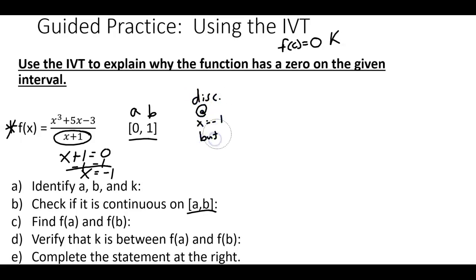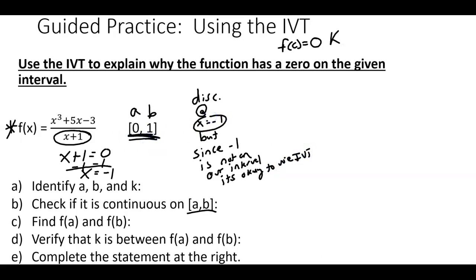But that's okay for this particular problem, because since -1 is not on our interval, it's okay to use the IVT. So -1 is not on the interval from 0 to 1, right? That's outside of the interval. So I can do the IVT on this interval.